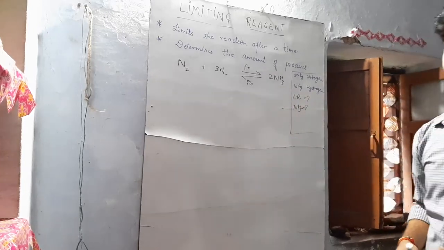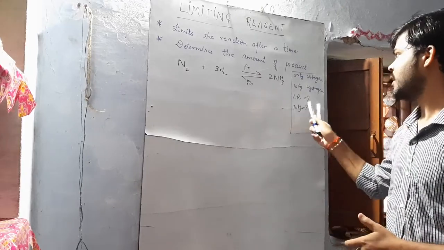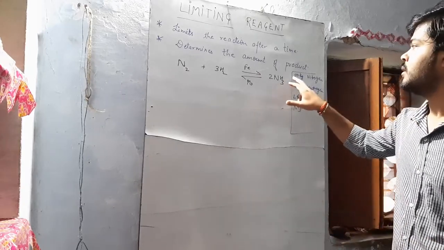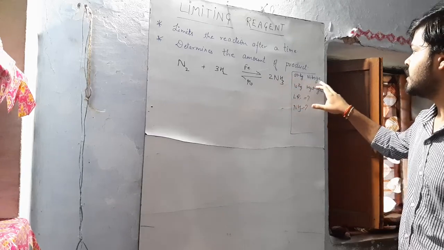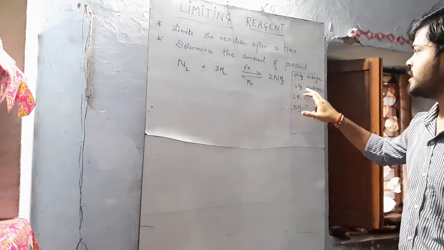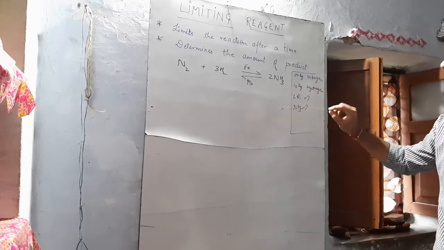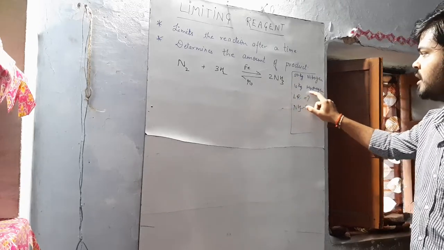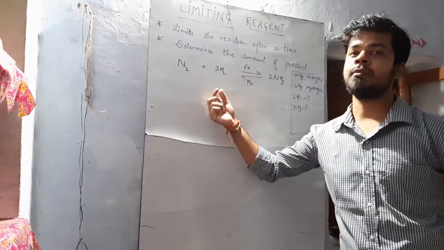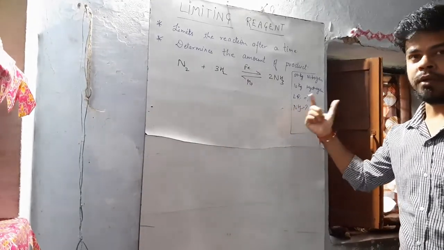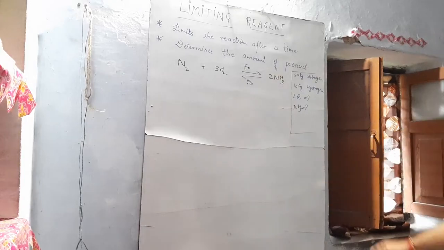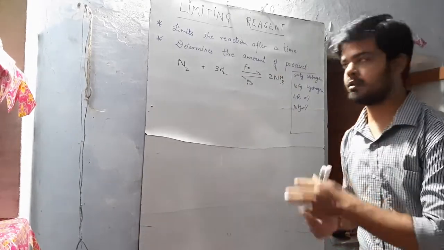We have to solve for these two questions. We have to identify the limiting reagent and the amount of ammonia that will be formed according to the availability of the reactants.